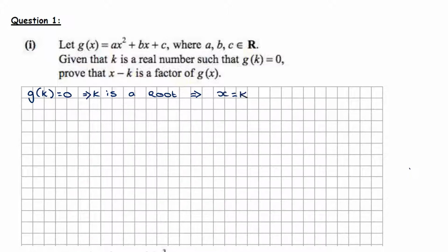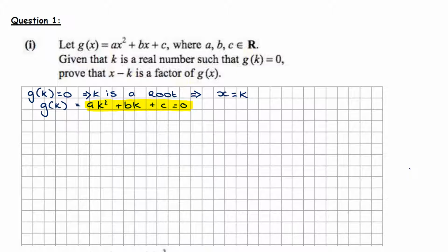So we know when we sub that in, we'll get 0. So we know that that's true. So let's have our g of k here. So we get a k squared plus b times k plus c equals 0. So this is like the first piece of information we've been given in the question. We're told that a k squared plus bk plus c equals 0.